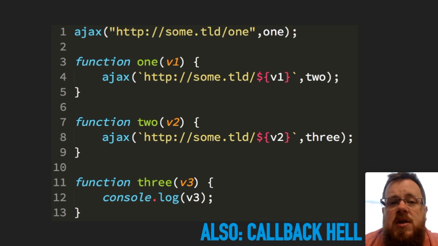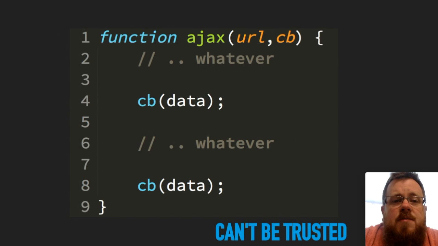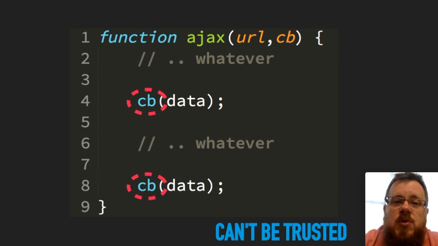Again, I said we can't fully get into this, but I want to glimpse a little bit below the covers. Let's imagine what AJAX, the function, might look like. What if I implemented AJAX like this? The whatever parts don't really matter for our purposes of discussion, but what I want you to clue in on is that I do call the callback with some response data, but what happens if I were to call it twice?